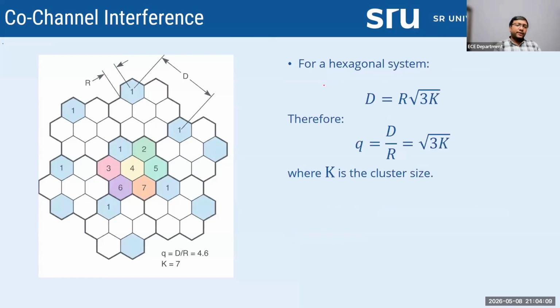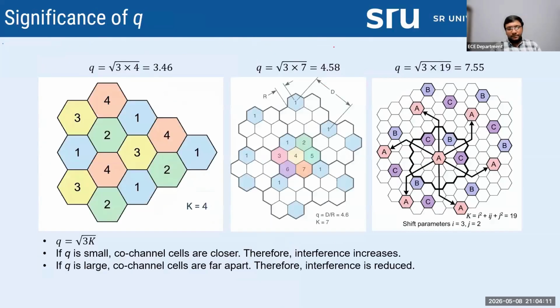So what is the Q value for different cluster sizes? For example, suppose K is equal to 4. Okay. So for K is equal to 4, the formula is Q is equal to root over 3K. So it means if K is equal to 4, then Q is equal to root over 3 into 4 is equal to 3.46.